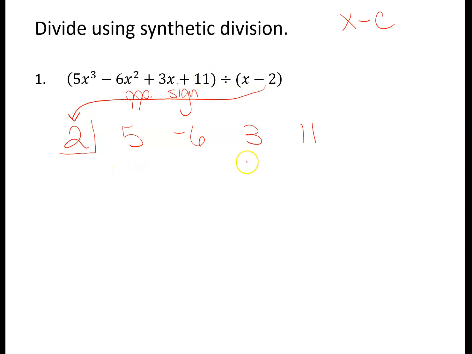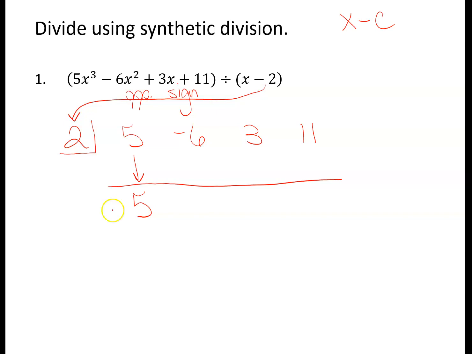Now you're going to leave a space underneath those numbers because we're going to write underneath them and then draw a line across. And the way you start the process is this first number that's to the right of your little half square is just going to drop down below the line. Every time, that's how you start it. You drop that first number below the line.